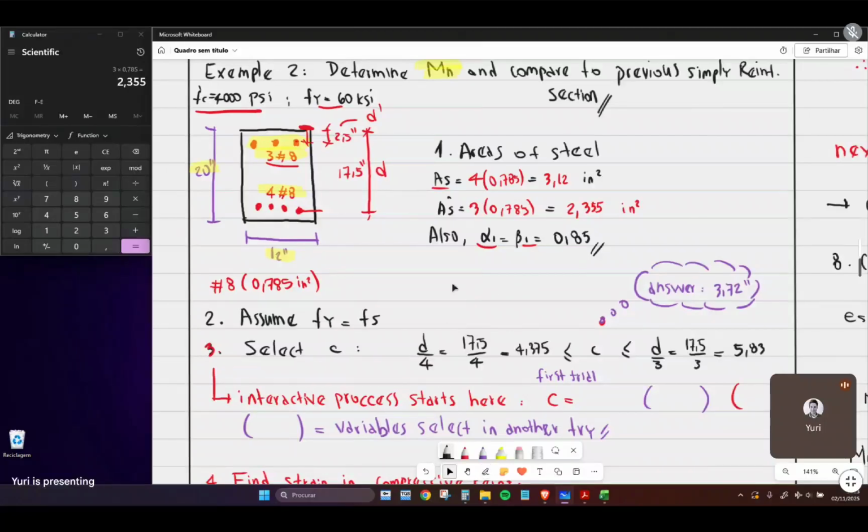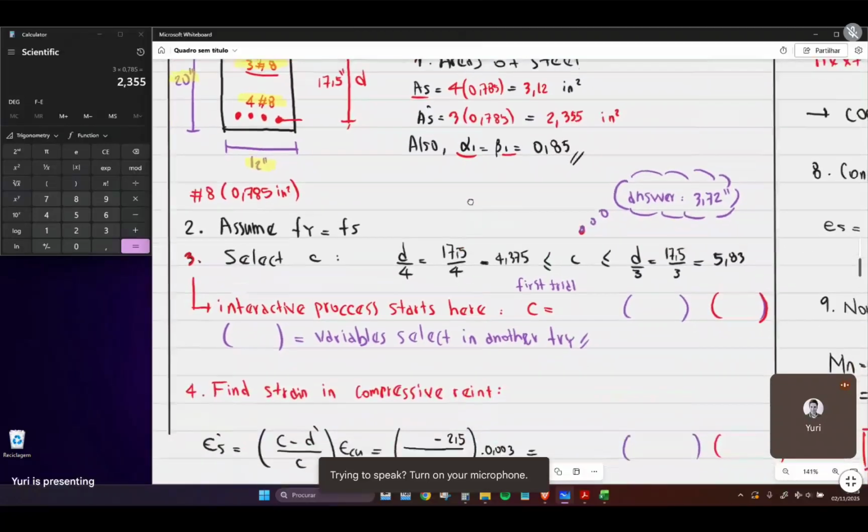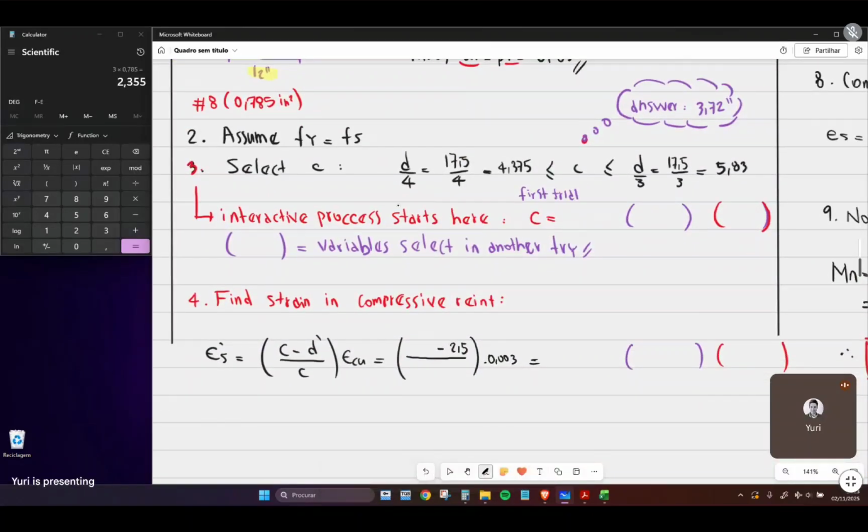The first thing that we assume is that the tension reinforcement is yielding, because we're assuming ductility. Okay Yuri, but what happens if I select a specific reinforcement for the section and it's not ductile? Then you have to change the variables, which are the section depth or the amount of reinforcement. You have to change one or another, because we always want to have ductile sections.